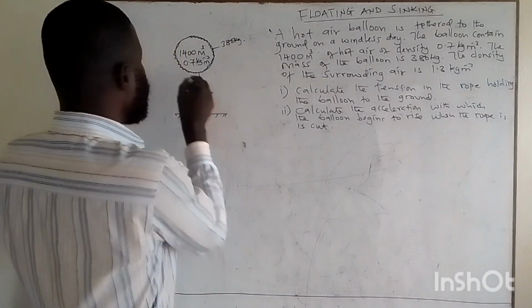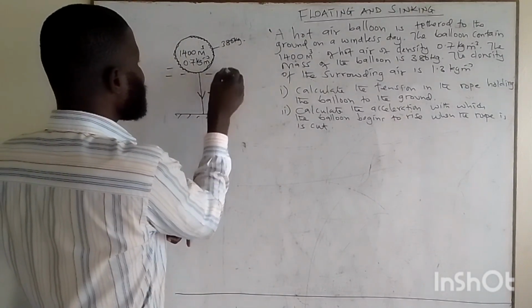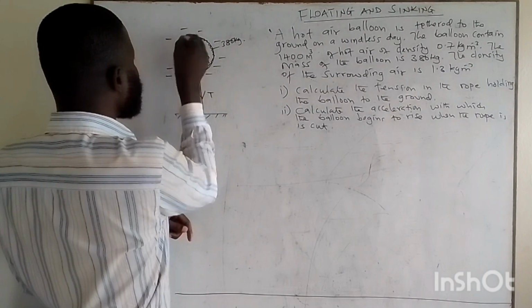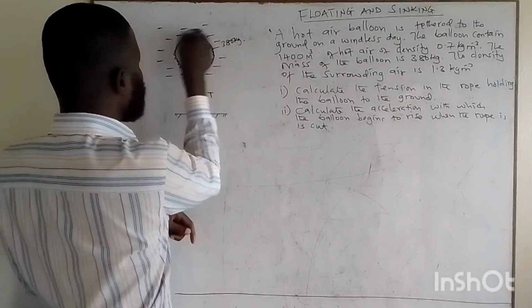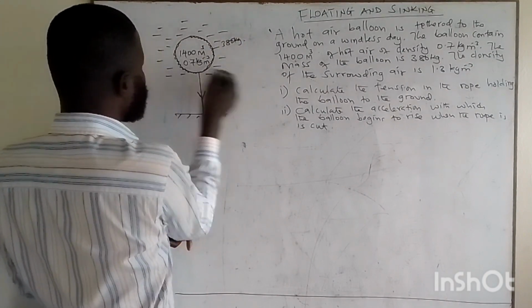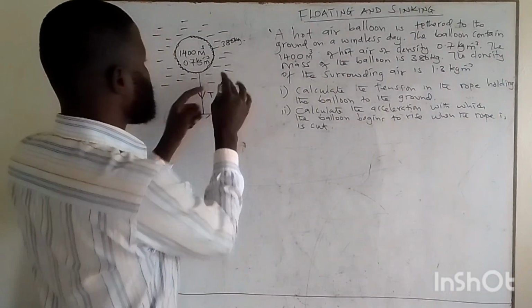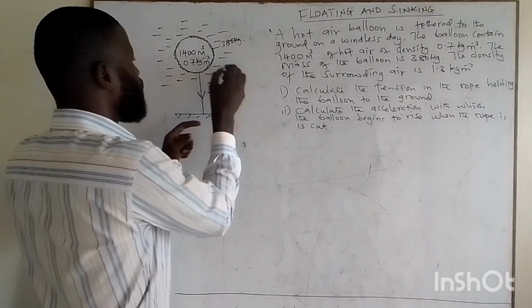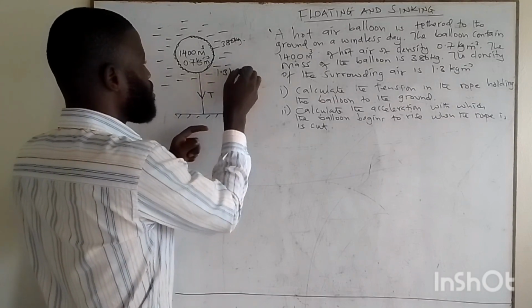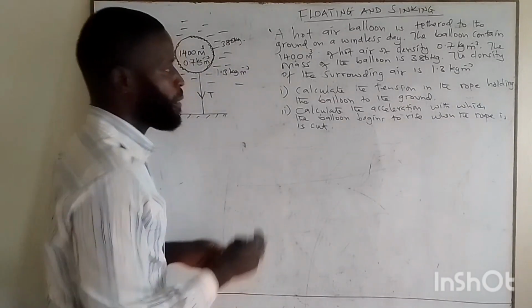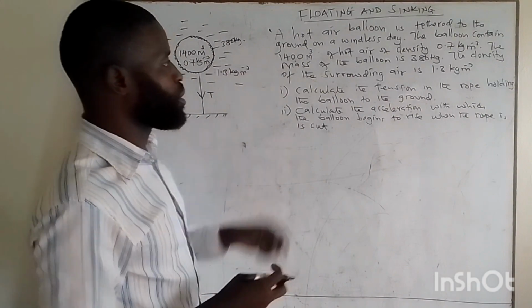Then the balloon is surrounded by air. That's why we are told that the surrounding air has a density of 1.3 kilogram per cubic meter. Now, let us go to the first question.